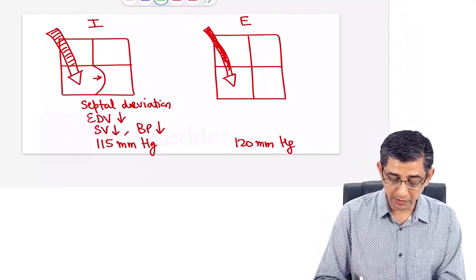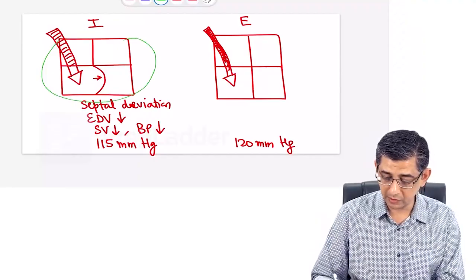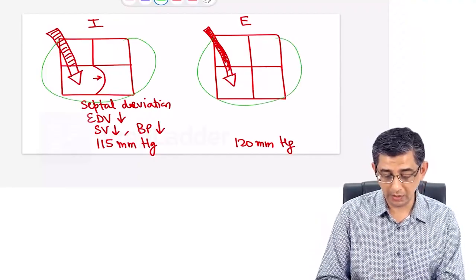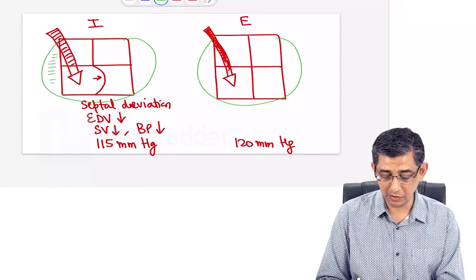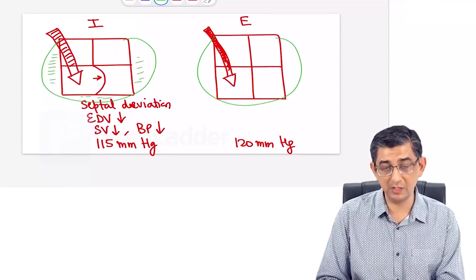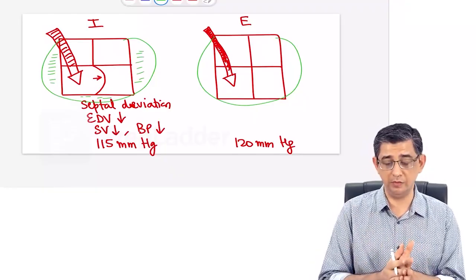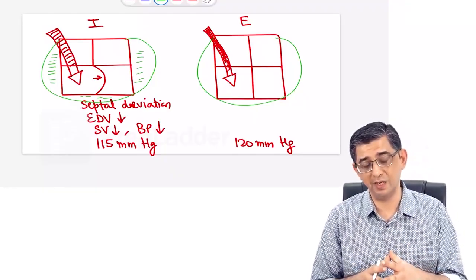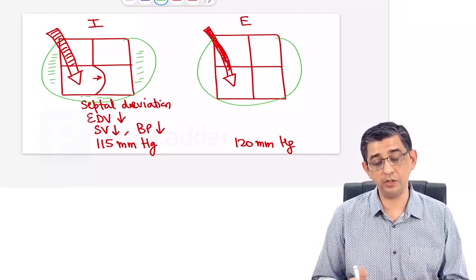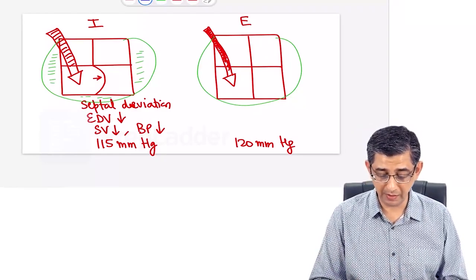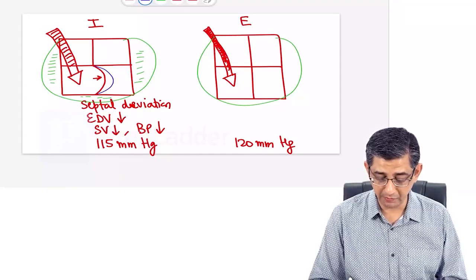Now, over and above this, I'm going to show the pericardial sac in this patient. This is a two-dimensional diagram, guys, but the point is this pericardial sac has a large amount of fluid, so it will press on the heart from outside, and because of this pressure there will definitely be an exaggerated septal deviation.